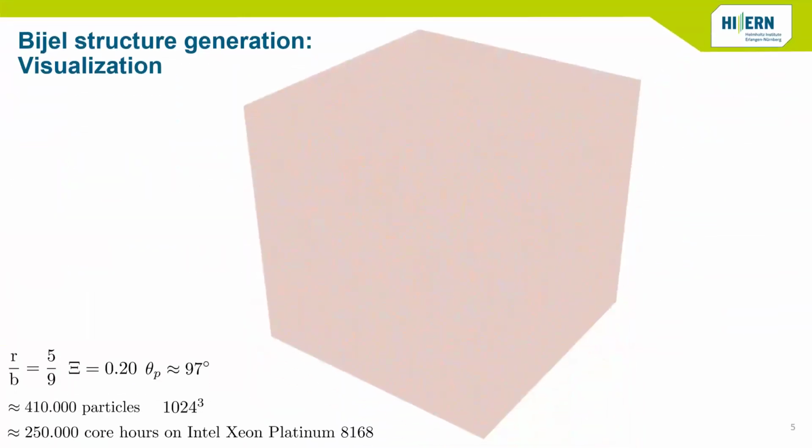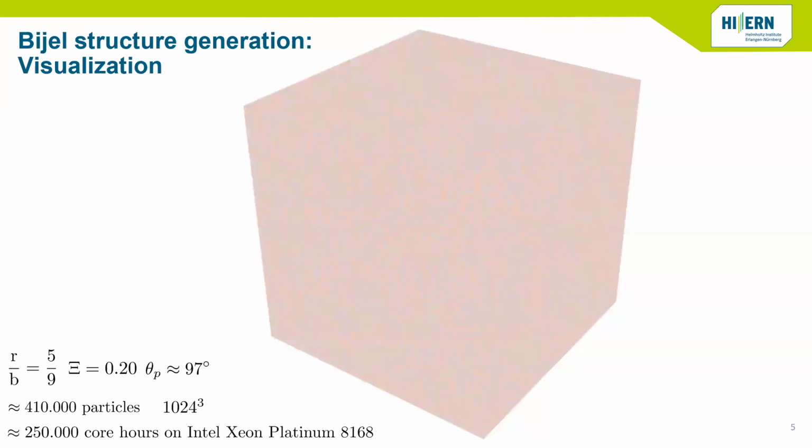Here you can see a visualization of a bigel with a red to blue fluid ratio of 5:9, a particle volume fraction of 0.2, and an equilibrium particle contact angle between the two fluids of 97 degrees. For this 1024 cube lattice, this results in approximately 410,000 particles. As you can see, unfortunately, the simulations are very expensive.